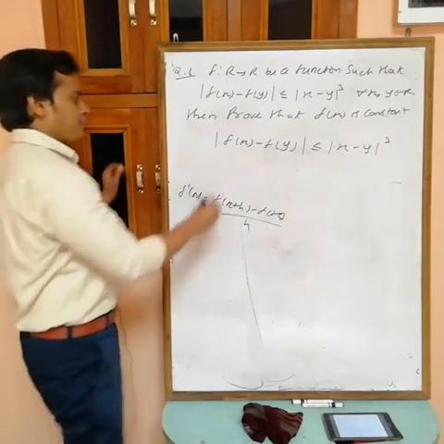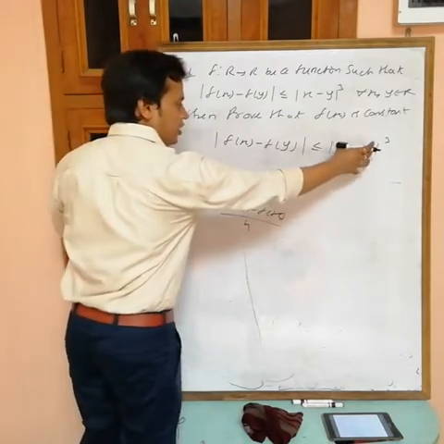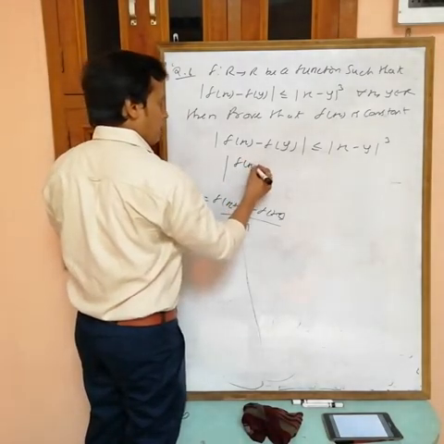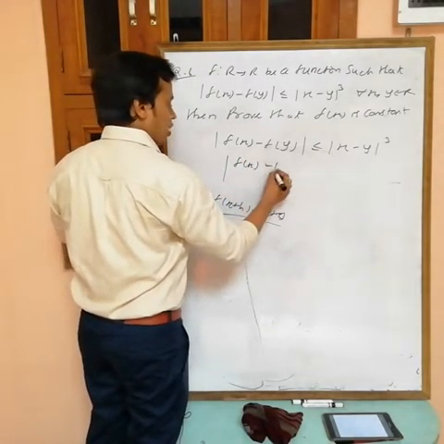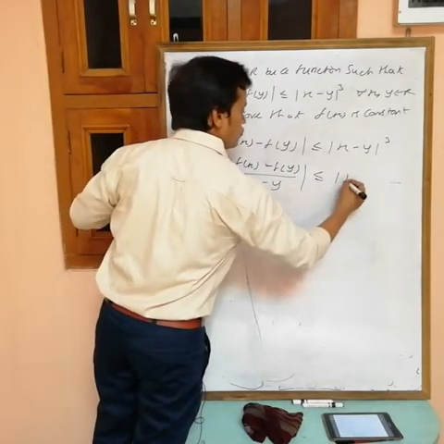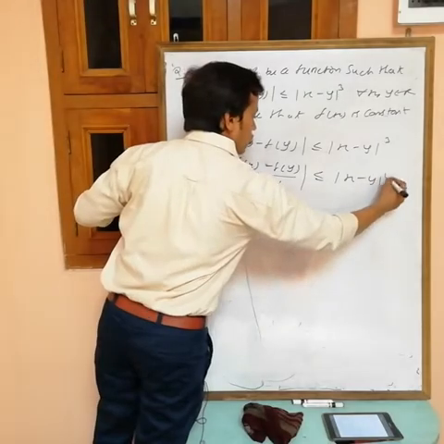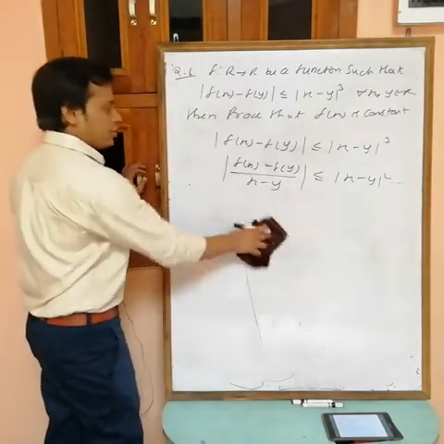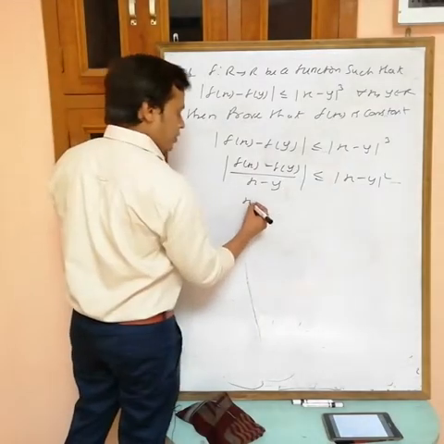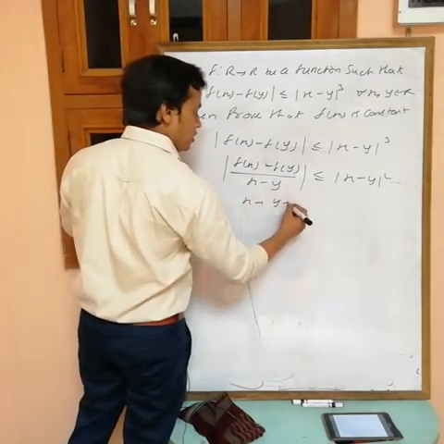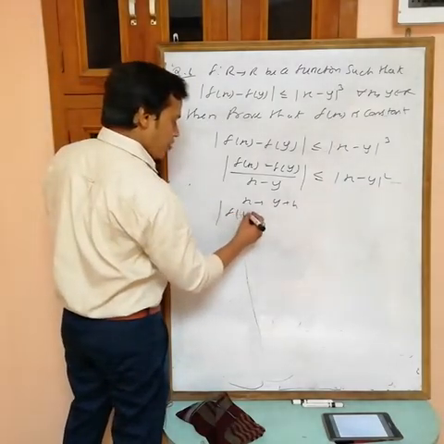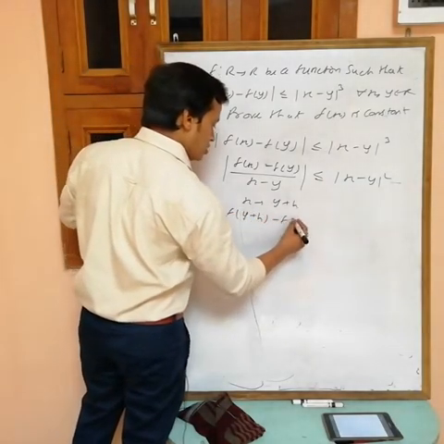Okay, one minute. If you divide by mod (x minus y) on both sides, then can I write mod of f(x) minus f(y) by (x minus y) less than or equal to mod (x minus y) squared. We are dividing by one power. Now see, I can convert this in terms of f'(x). Replace x as y plus h. If you replace x as y plus h, f(y + h) minus f(y).